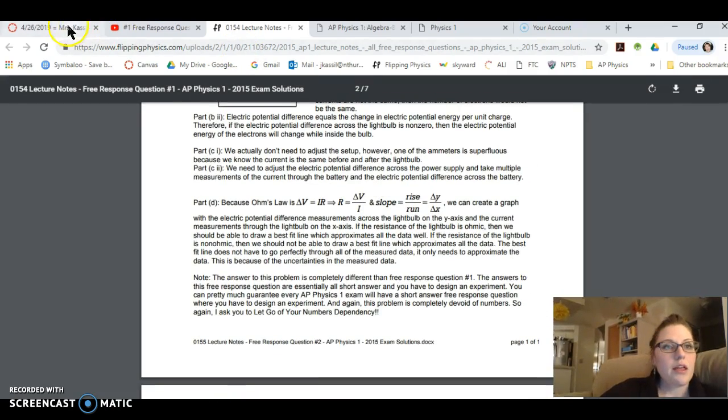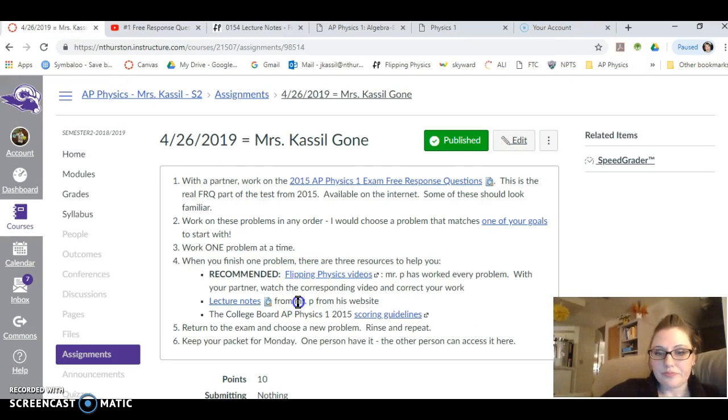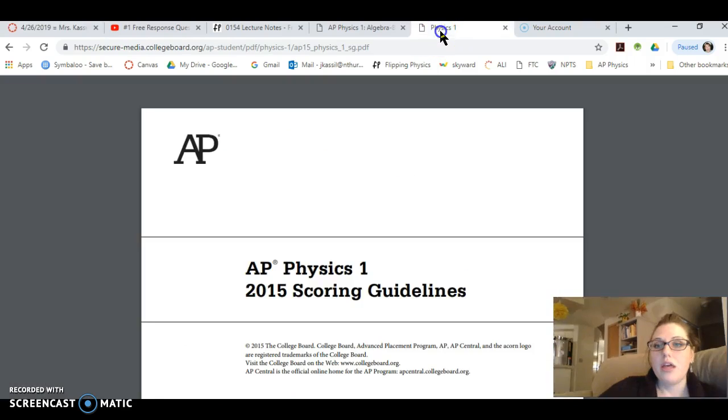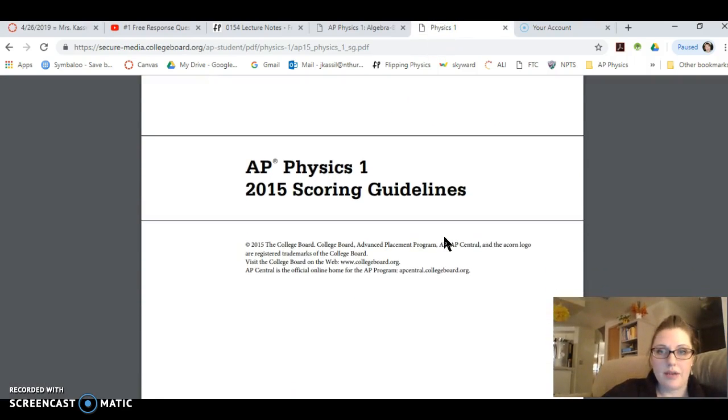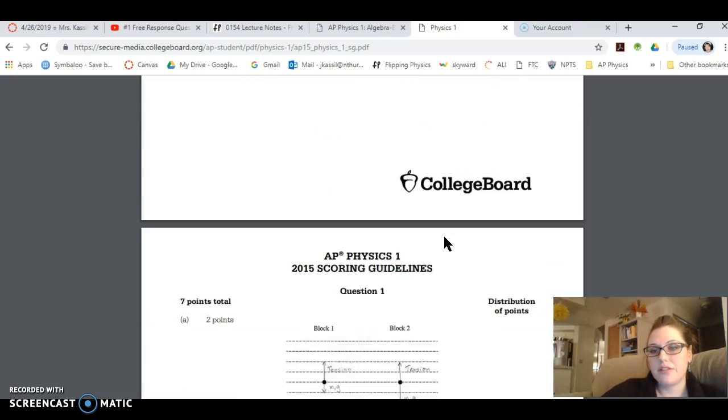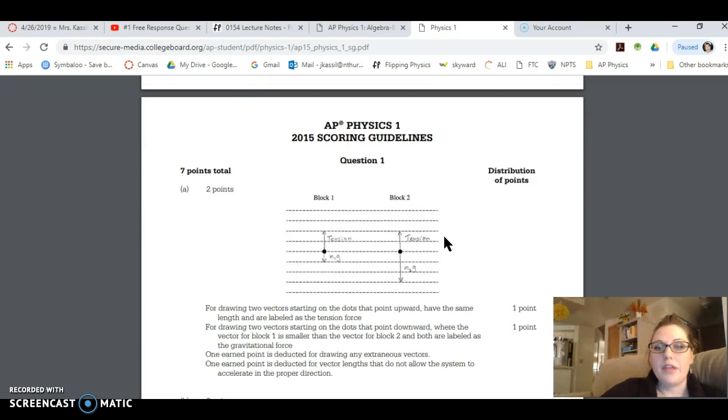The third thing, and this is a pretty tedious document to dig your way through, but if you want to do it, power to you. This is the scoring guidelines for the exam. This is one of the things that teachers are given that shows how the score distribution actually was decided.